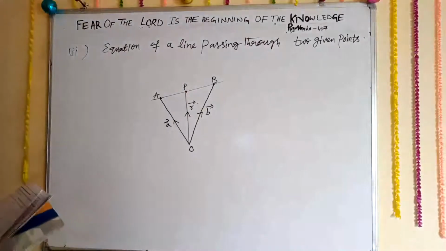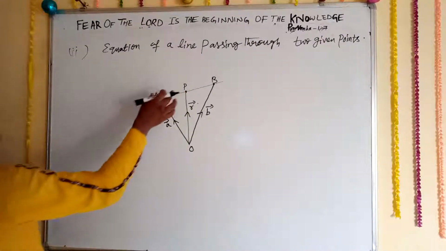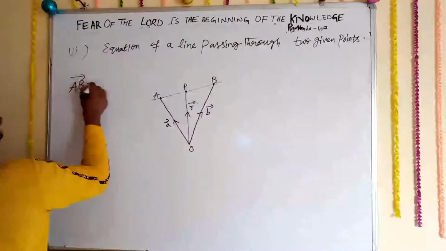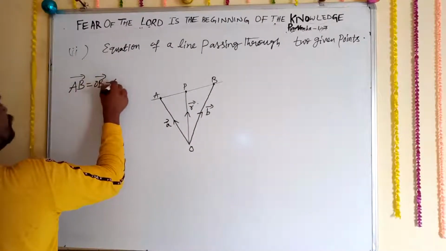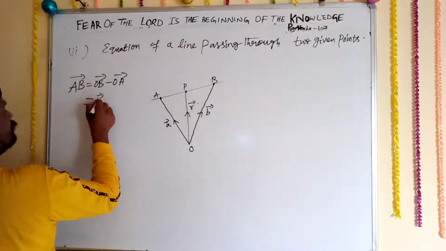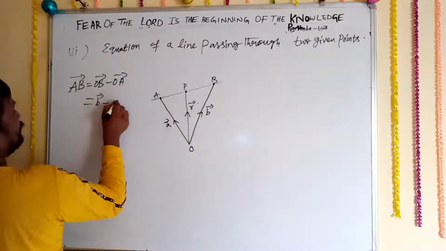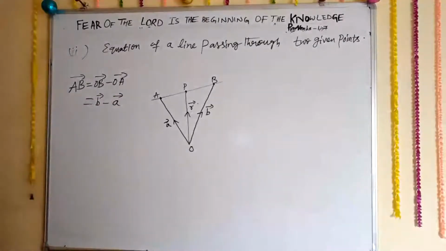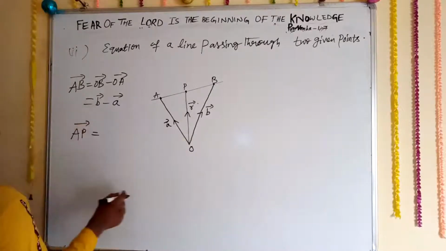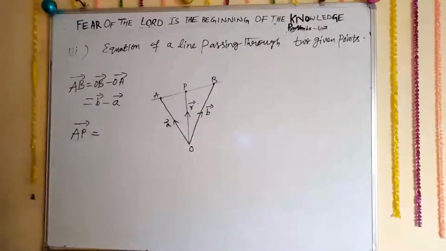All right. So first I need to find what is AB vector. So AB vector is equal to OB vector minus OA vector. OB is nothing but b vector, minus OA is nothing but a vector. So first AB vector is written, then next AP vector is equal to, so when you observe this, how to write?